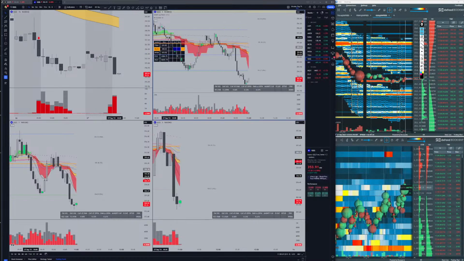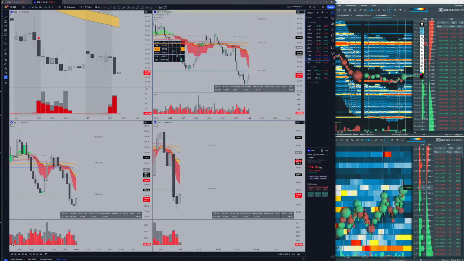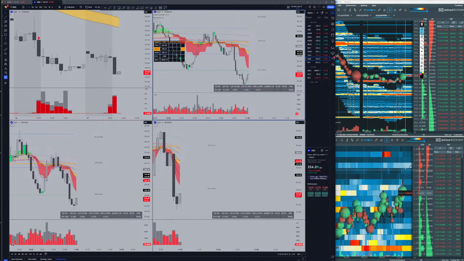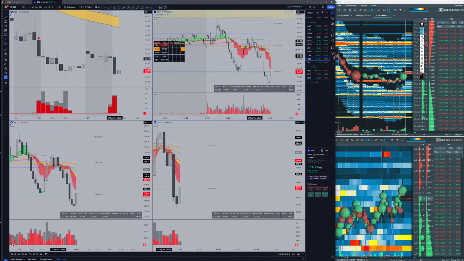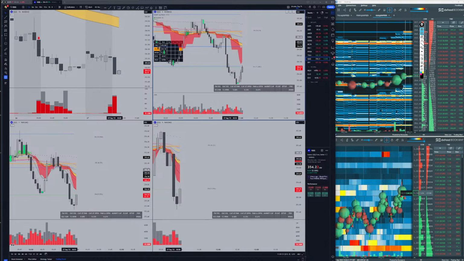A little bit of small volume on Pixie, so take a look at that. Some balance on the Qs, but still downtrend formed.